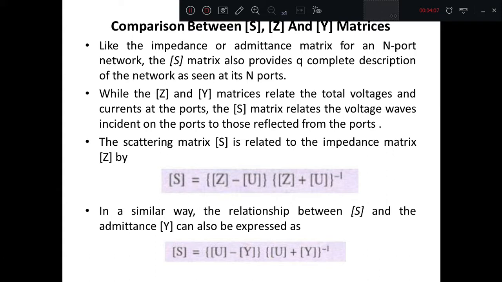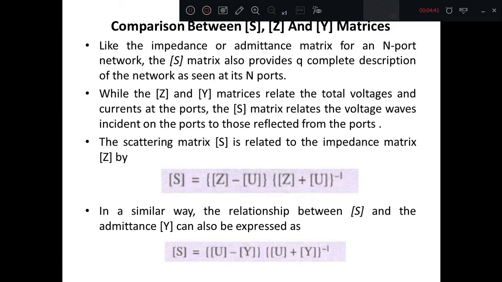In the Z and Y matrices, the parameters are related to the total voltages and currents at the ports. We saw how the Z and Y parameters are related to the input voltage and current and output voltage and current. But in the S matrix, the parameters are related to the incident voltage and reflected voltage on the ports.